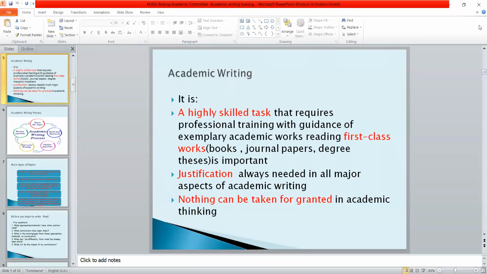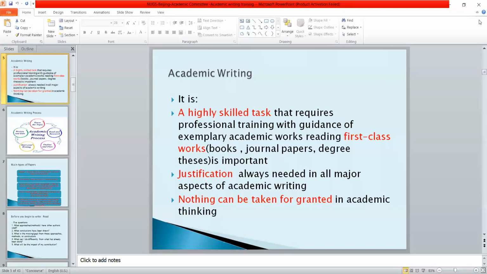Then in your academic writing, there must always be justification. All major academic writing must include justification. You don't just say that you've selected Rose and Mary as your sample. Why did you select them? What criteria did you use?